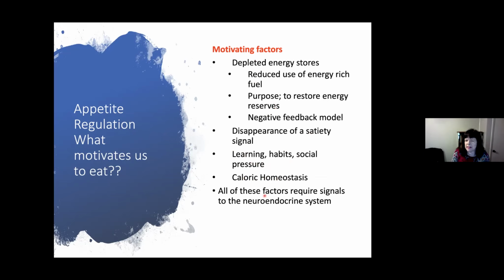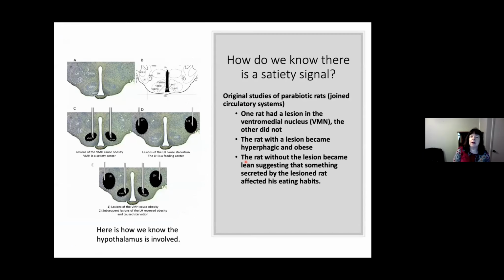So all of these factors end up signaling to the neuroendocrine system. And I mean, you can sort of figure here, there's a lot of emotional components too, social pressure and learning and things like that. So they have known for a long time that the hypothalamus is involved in appetite.